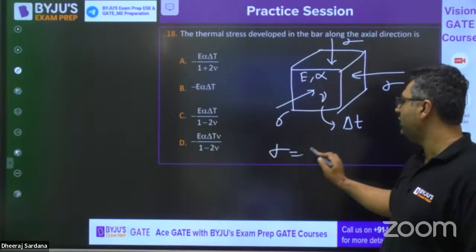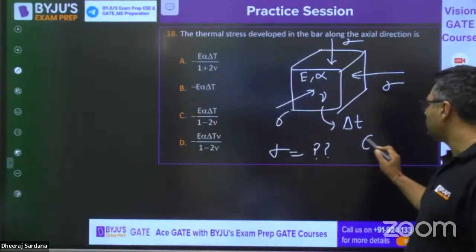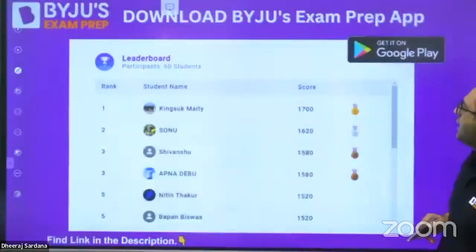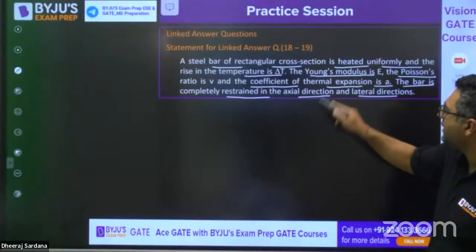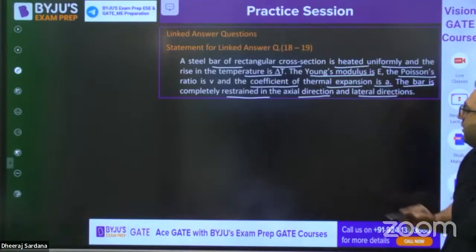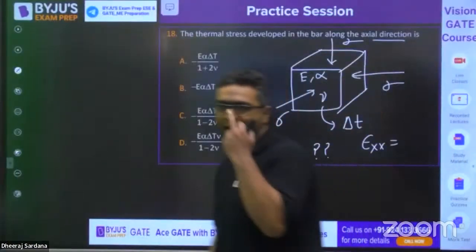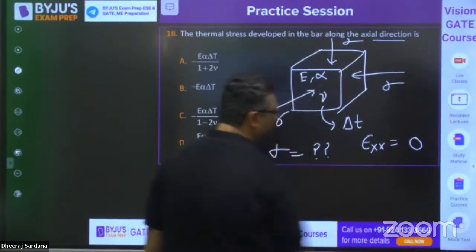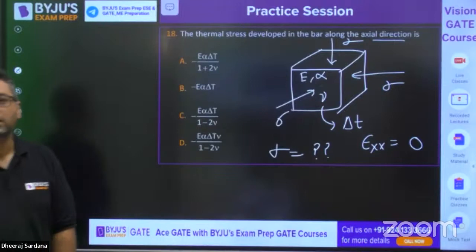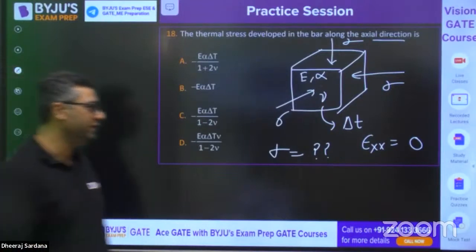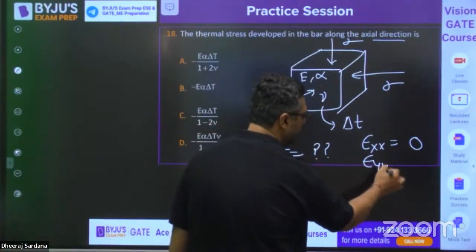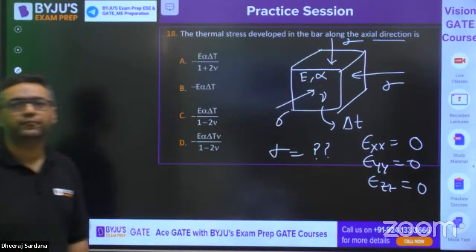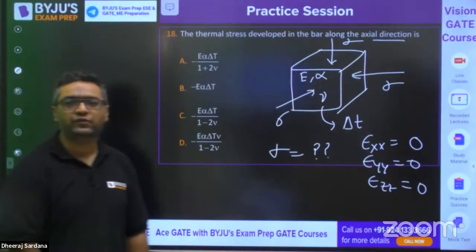You need to find out the value of sigma if the strain in all the directions is zero, as it is completely restrained in axial direction and lateral direction. So strain is 0 in XX, YY and ZZ. So they have mentioned strain is 0 in XX, YY and ZZ. So tell me guys, strain is 0 in XX, YY and ZZ, completely restricted. So you need to find the value of sigma.